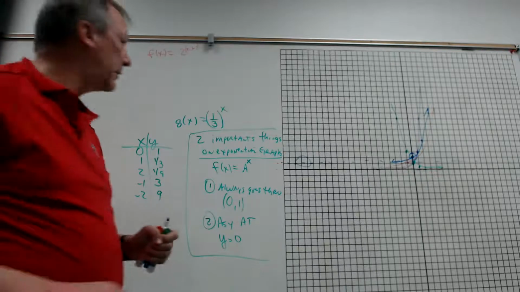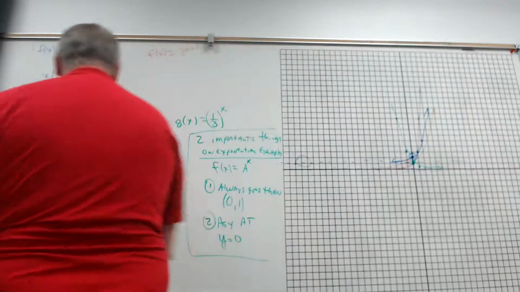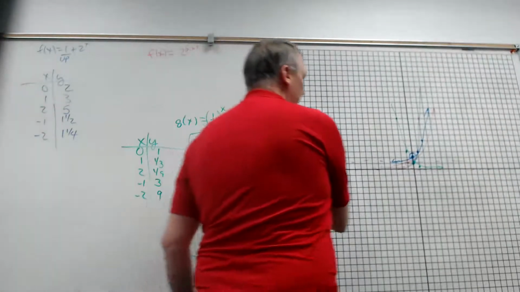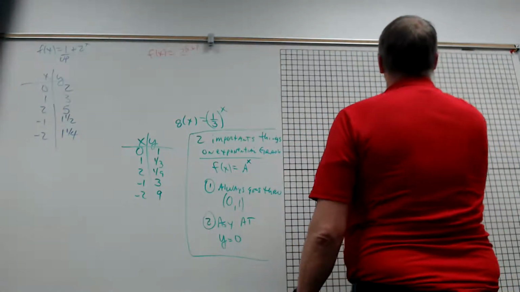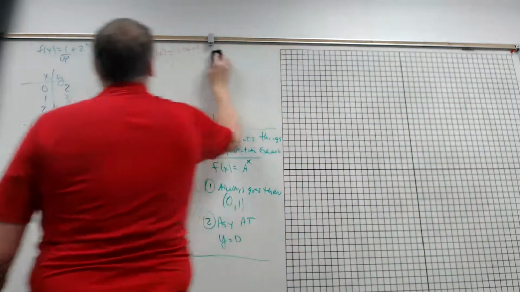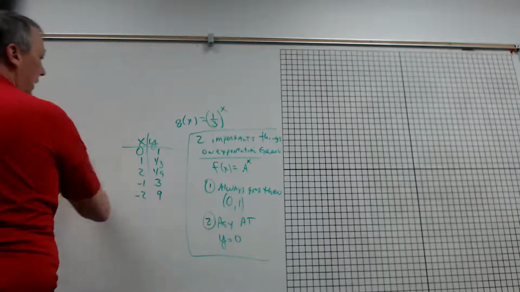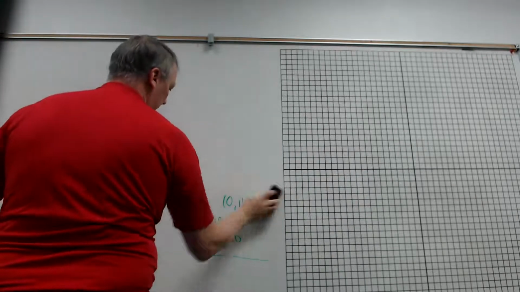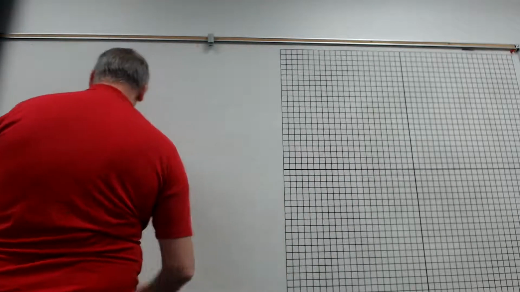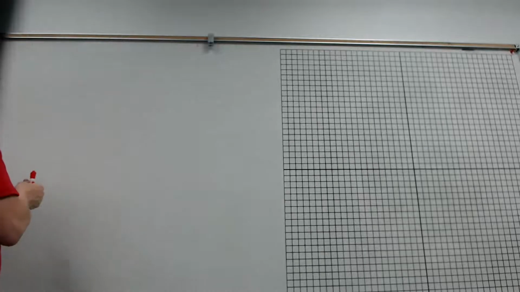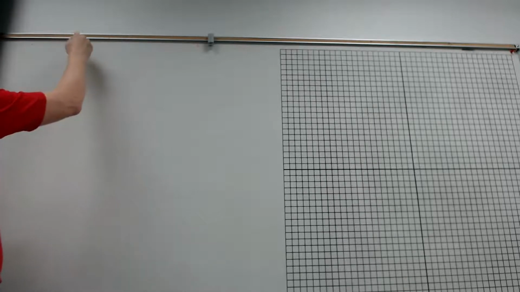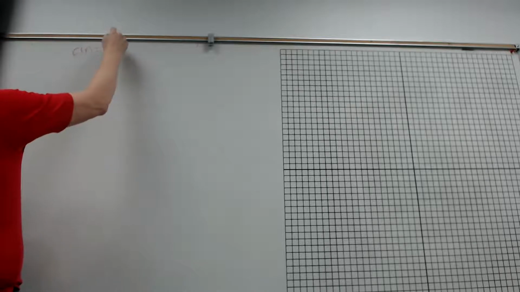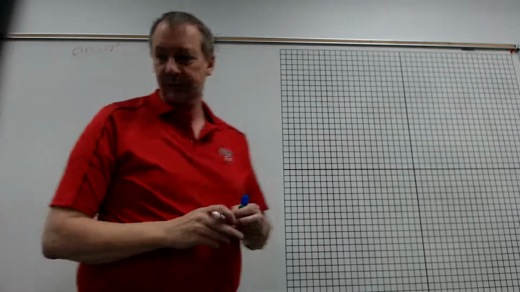All right, let's do a couple more. I think I'm going to erase this now. F of x equals -2 to the x power.